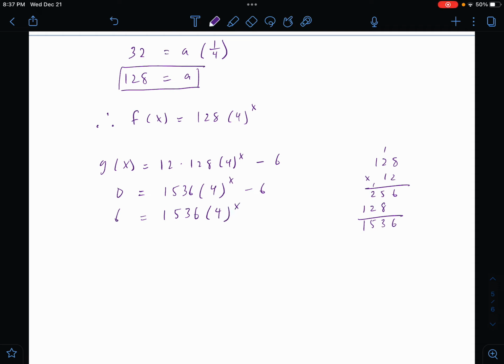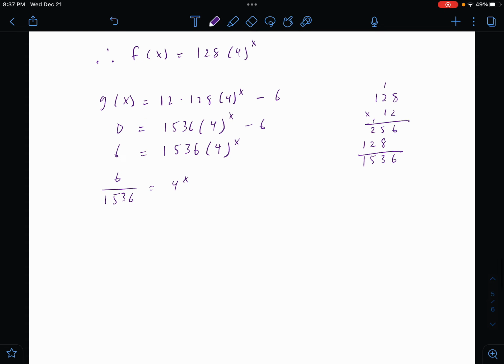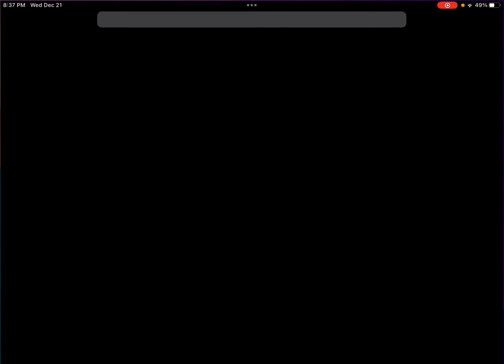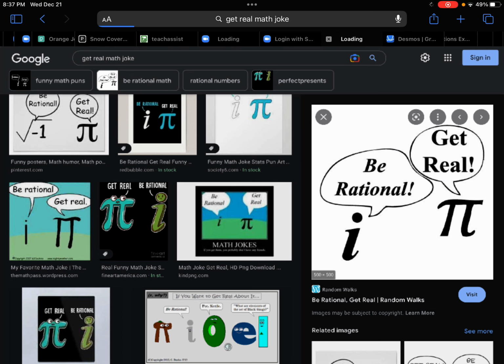Okay. We want to divide both sides by 1536. And so we want to see if this is actually divisible. So let's check if it is. I'm just going to use Desmos for this.